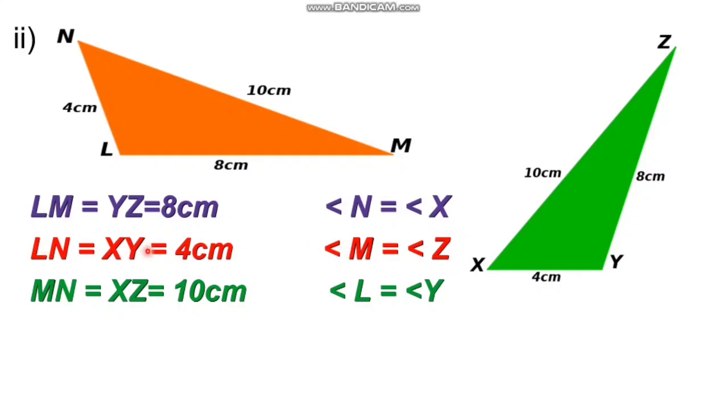The next letter is Z. Remaining letter. That will be the opposite vertex. So, M and Z are equal. Here, MN. So, in LMN, L comes opposite of MN. And in XYZ, Y comes opposite of XZ. So, it is angle L and angle Y. So, if the equal sides are given, without figure, we can write the equal angles.